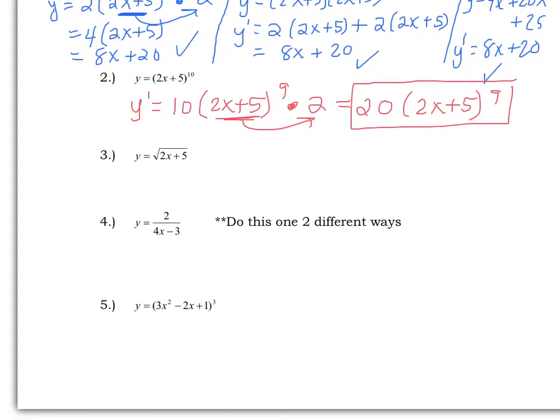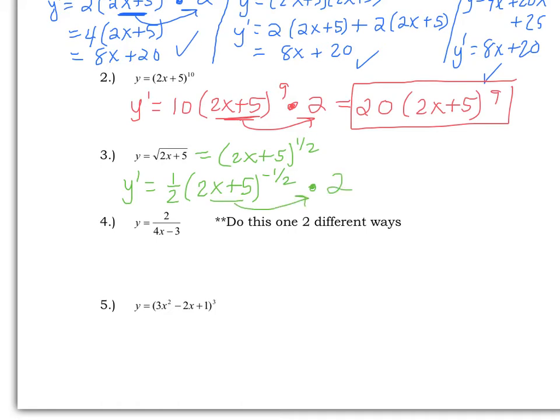Okay, next one here we have a radical. And with this one, we're going to first rewrite this as 2x plus 5 to the 1/2 power. So now I'm ready for my derivative. Again, multiply down. So we're doing the derivative of the outer function. Okay, so that's really your power rule. And then, once again, chaining along the derivative of the inside, which is 2.